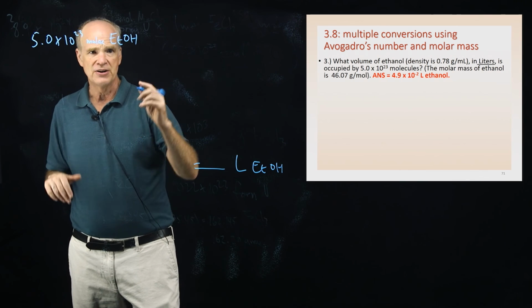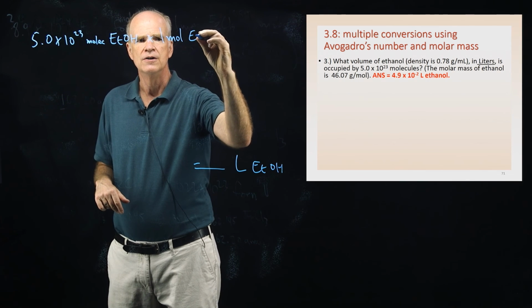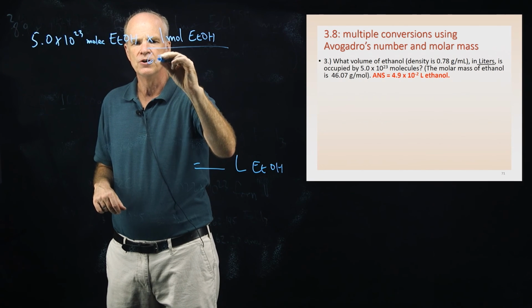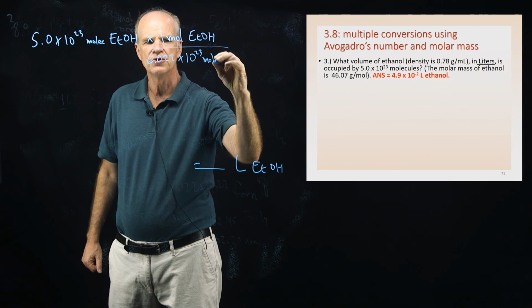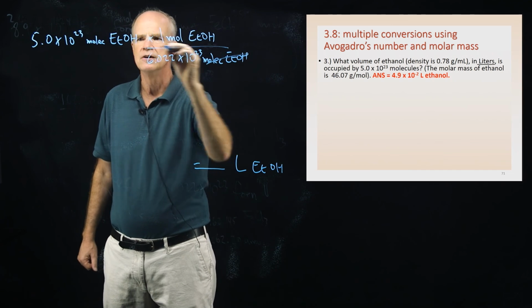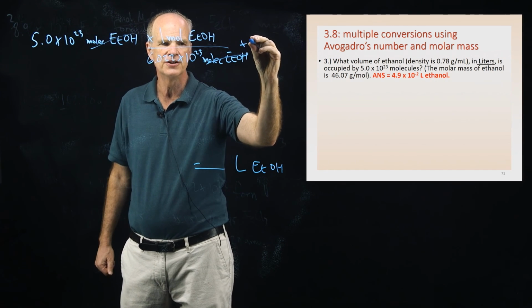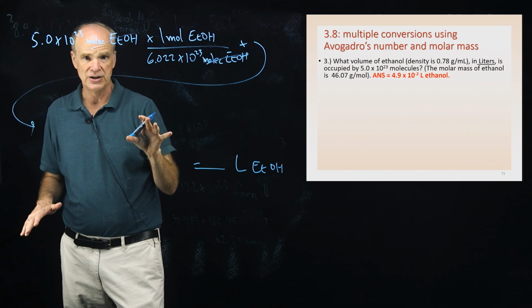So let me write out the fractions. It's going to be times 1 mole of ethanol over 6.022 times 10 to the 23 molecules of ethanol. Molecules of ethanol cancel, you get an answer in moles. Let me continue the problem down here. So we need to get moles of ethanol to grams of ethanol.